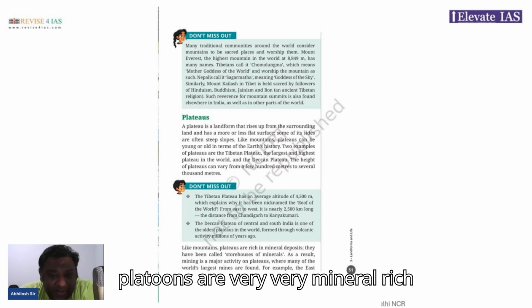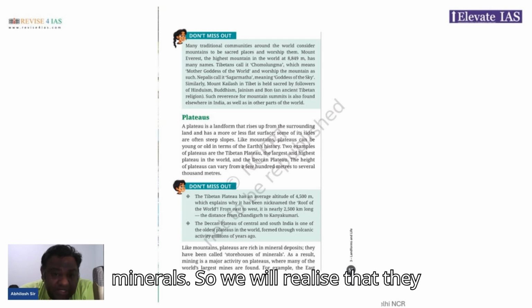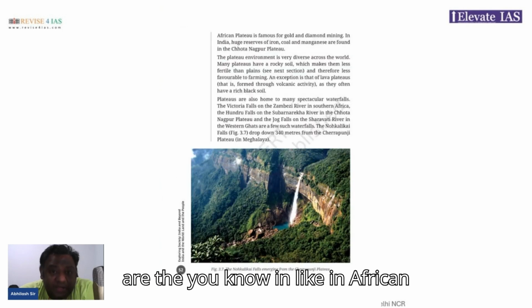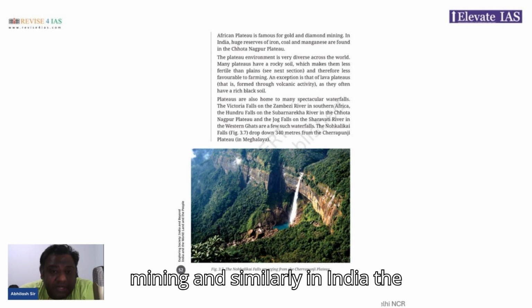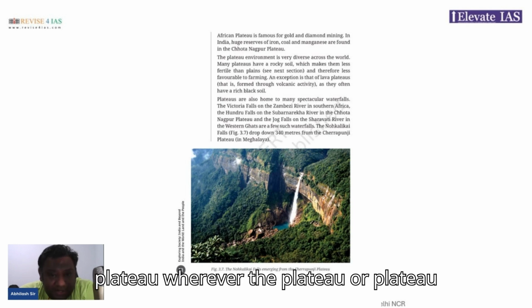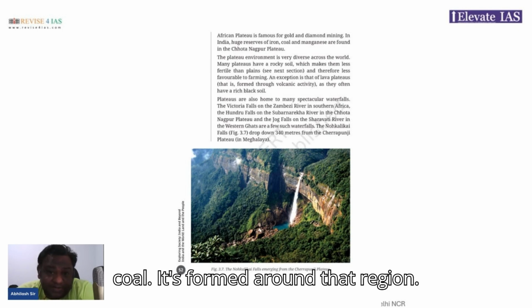These plateaus are very mineral-rich belts. So plateaus are also called a storehouse of minerals. The African plateau is famous for gold and diamond mining, and similarly in India, the Deccan Plateau or Chotanagpur Plateau has reserves of iron, coal, and manganese formed around that region.